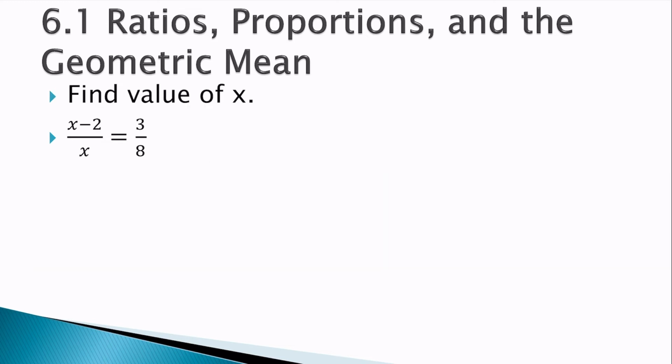All right, let's solve this one. Let's find the value of x. So let's cross multiply. And remember, we have to multiply everything, so it's 8 times x minus 2 and 3 times x. Let's distribute, so it's 8x minus 16.